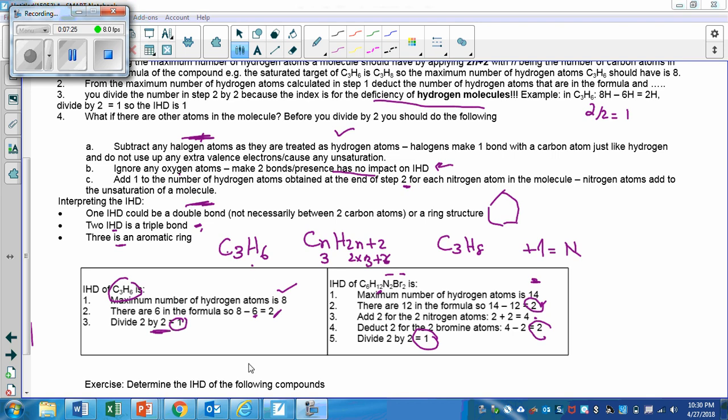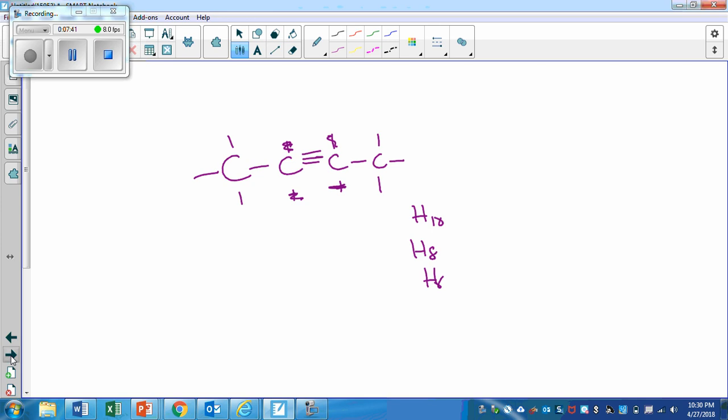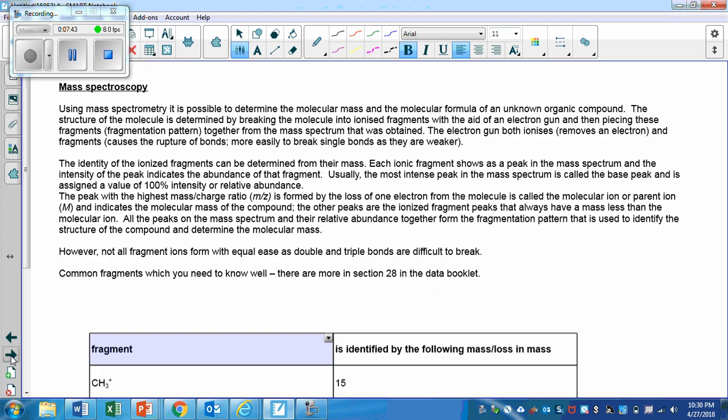All right, if we understand what we were talking about, I want you to go ahead and practice the following compounds and calculate the IHD, the index of hydrogen deficiency, for these compounds. Going forward, we will be talking about mass spectroscopy.